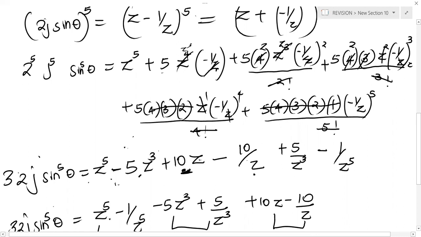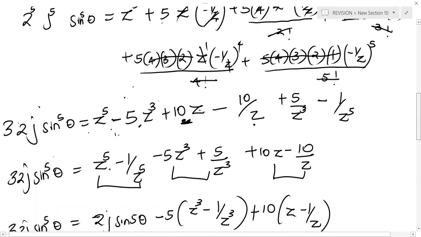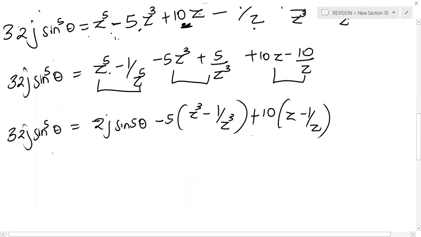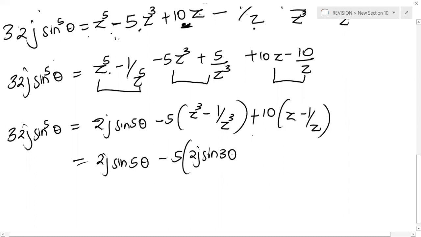And then this other one is minus, so this is also okay. Okay, fine. So this gives 2j sine 5 theta minus 5 times 2j sine 3 theta plus 10 times 2j sine theta.